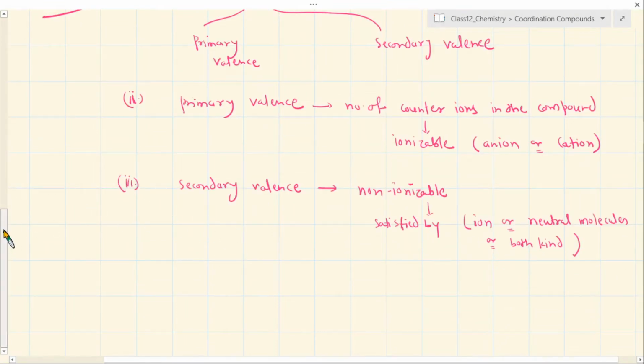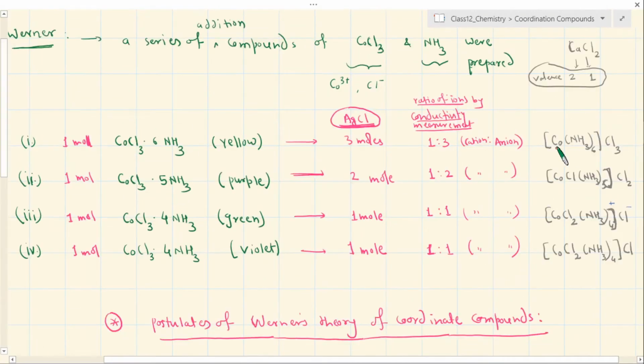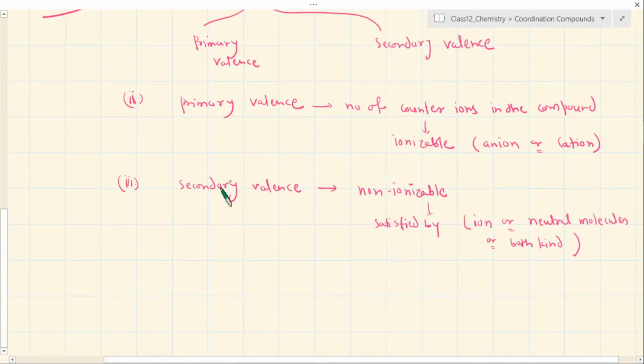Okay, now one more addition to this is the secondary valence. It represents the number of linkages or number of bonds, which are non-ionizable. This number of non-ionizable bonding or linkages, which is called secondary valence, is also referred to as coordination number.